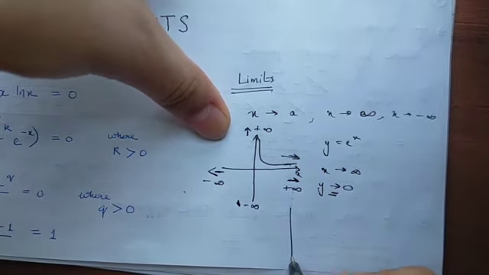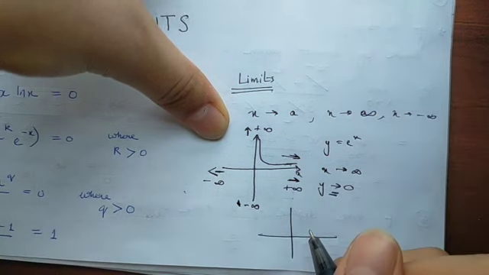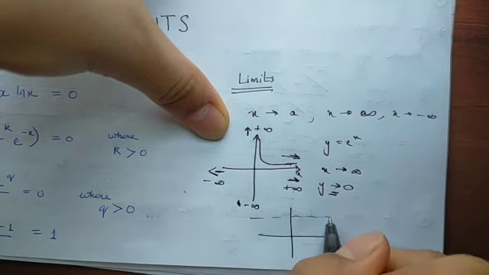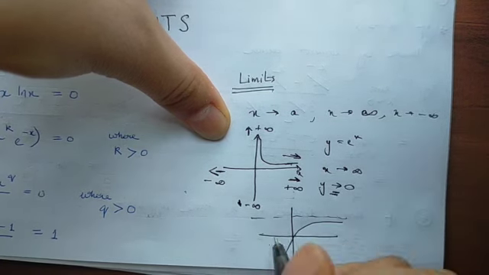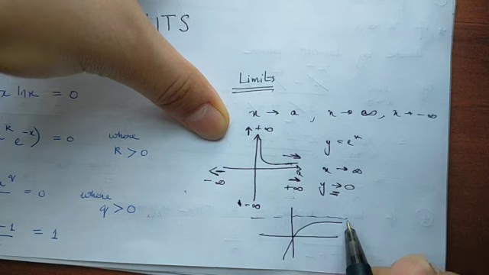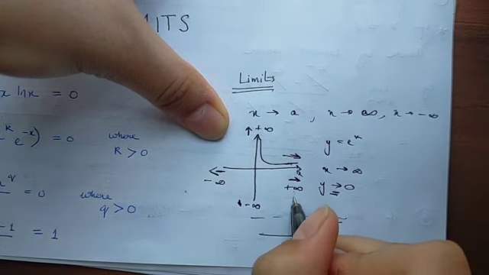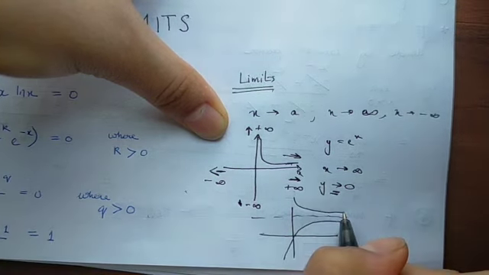And sometimes there are functions that have asymptotes. So if we have a function approaching this asymptote, it can either approach it from below the asymptote, or it could approach it from above the asymptote.